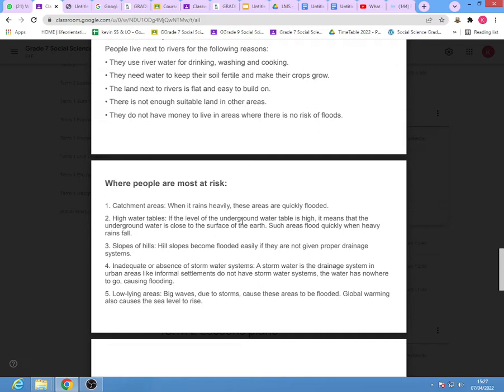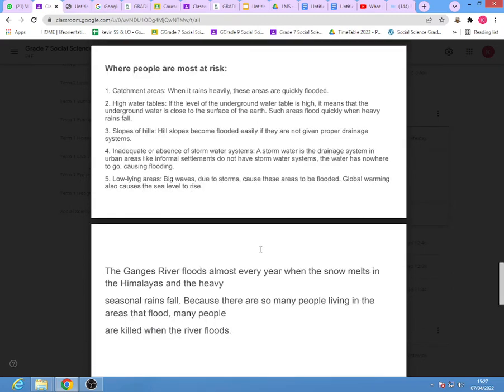And then we said low-lying areas are also more prone to big waves due to storms, which cause the areas to be flooded. And then global warming is also causing the sea levels to rise. Because why? The Antarctic, where there used to be ice, is melting.